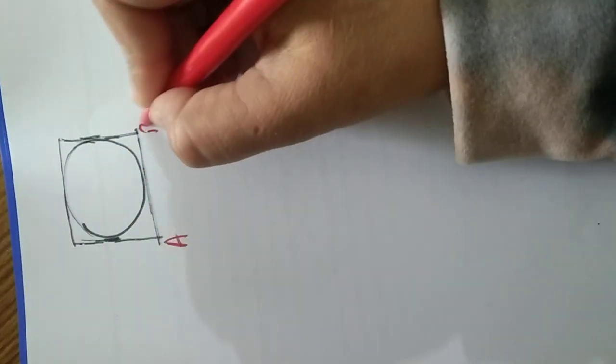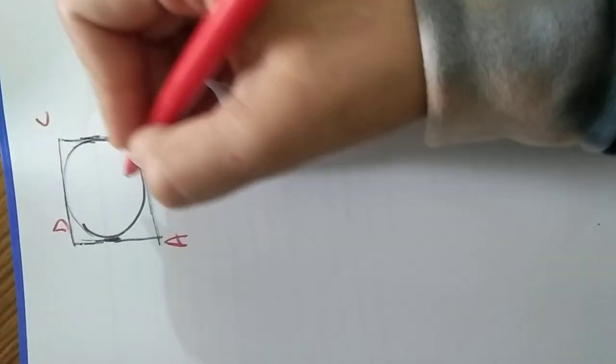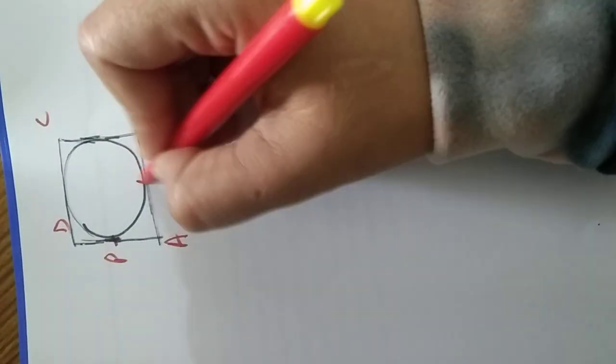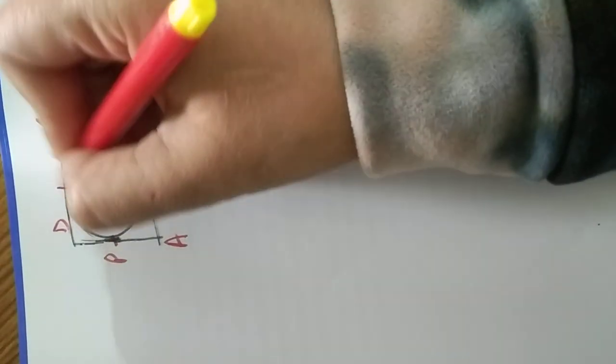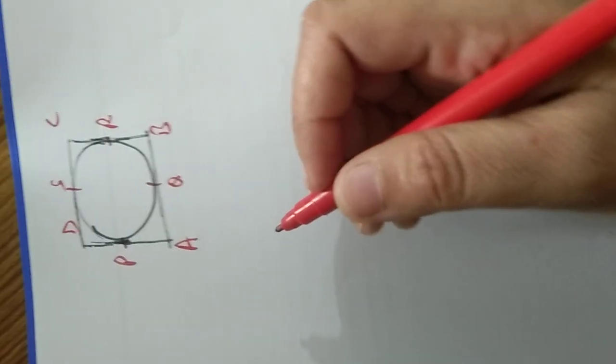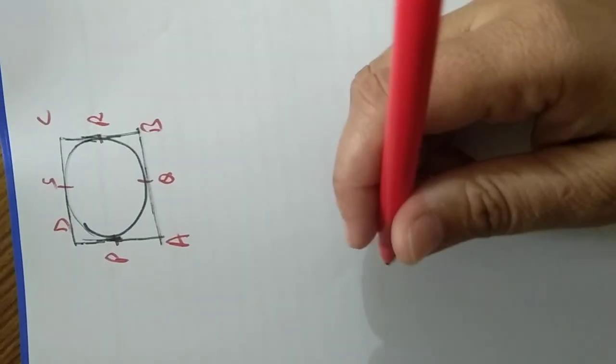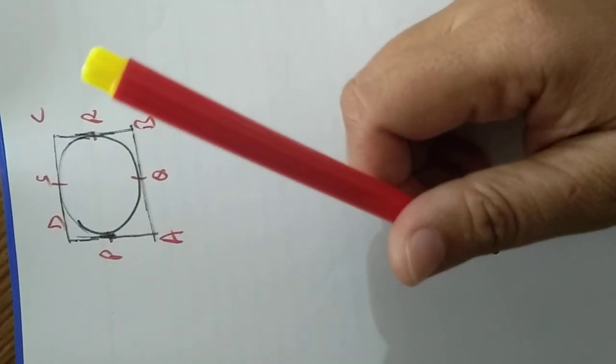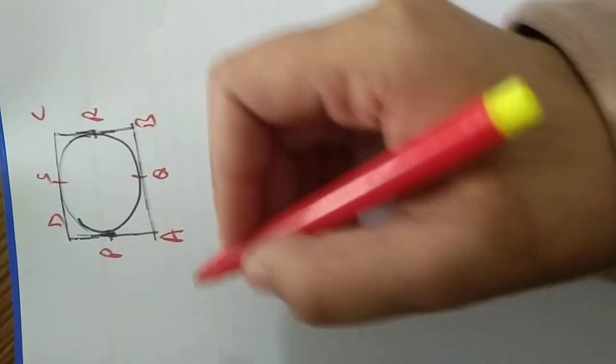Now let us mark the vertices as A, B, C and D, and the points of contact as P, Q, R and S. Now what do we have to prove? We have to prove that parallelogram ABCD is a rhombus.